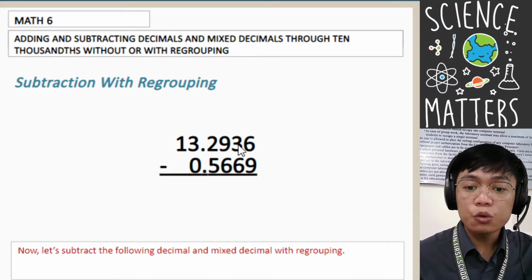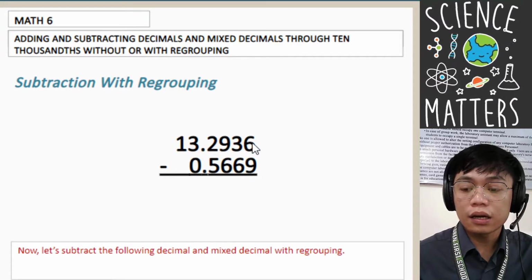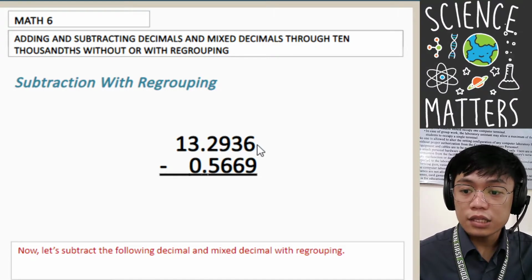We can say that we have to regroup numbers if the numbers in the minuend have lower value than in the subtrahend. Okay, so let's begin.